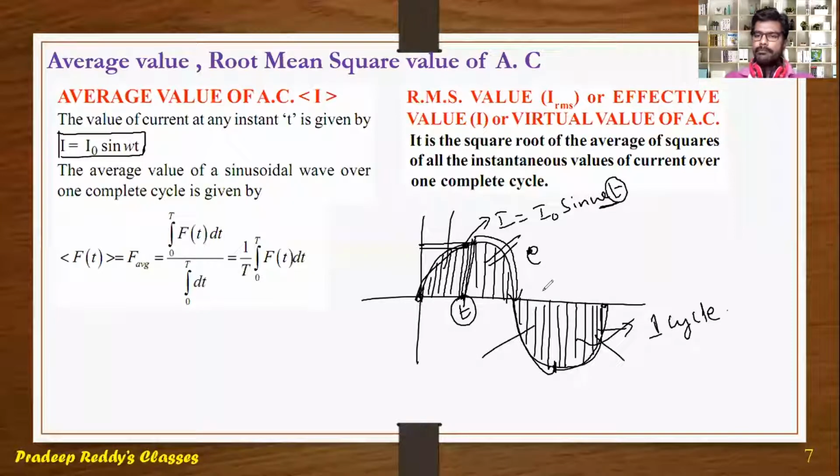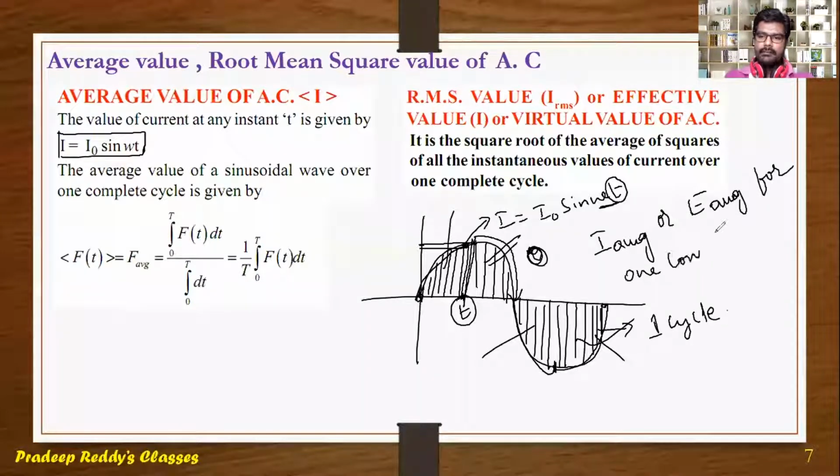It becomes 0. Therefore, I average or E average for one complete cycle is 0.